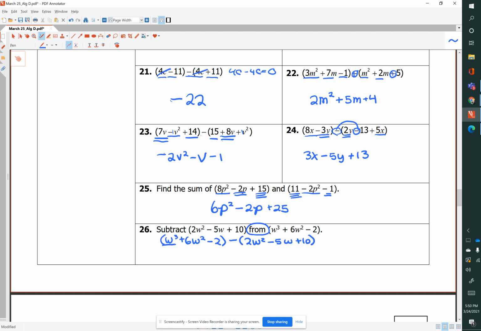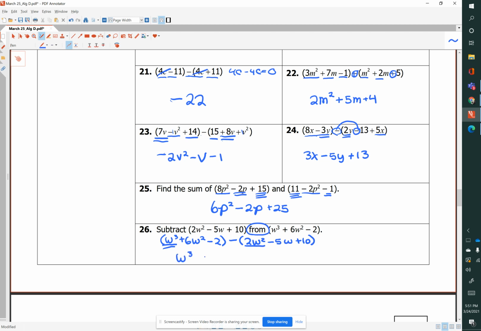So w to the third power minus 2w would be 1 minus 2, which would be, just to make sure that I wrote this right. Subtract 2w to the second power. Oh, I don't have any other w thirds. I'm sorry. This is the only w third.